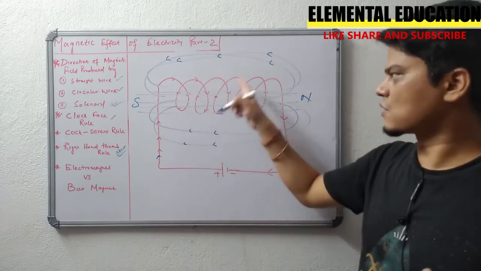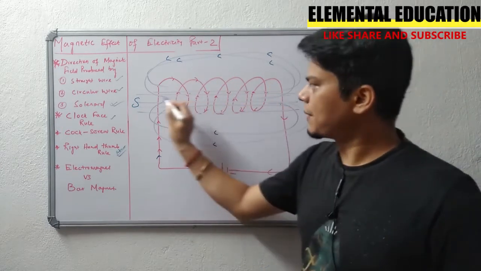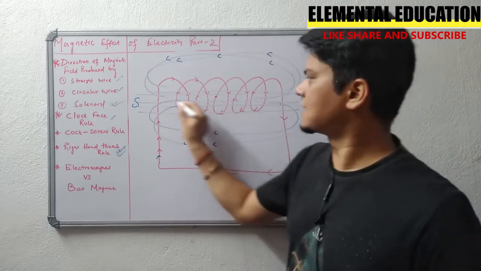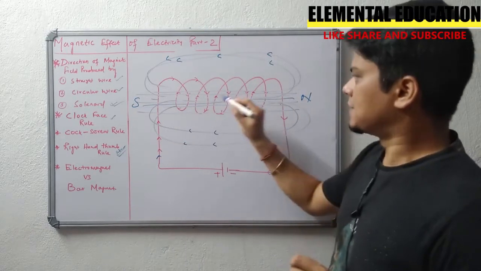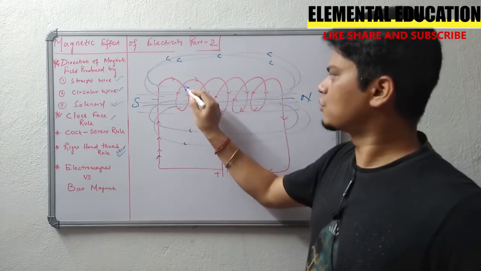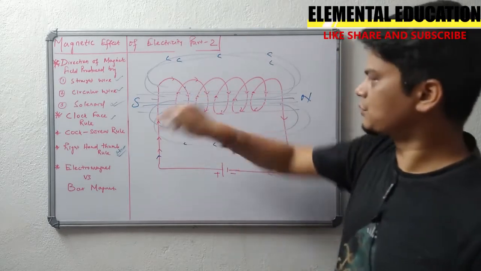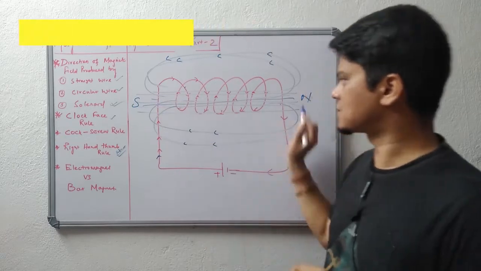So how does a solenoid behave? The electromagnetic field created, the lines inside the solenoid will be straight, because of the current flowing through it. See how they behave. We can put right hand thumb rule, it will be from this side to this side, north to south. It's totally opposite.